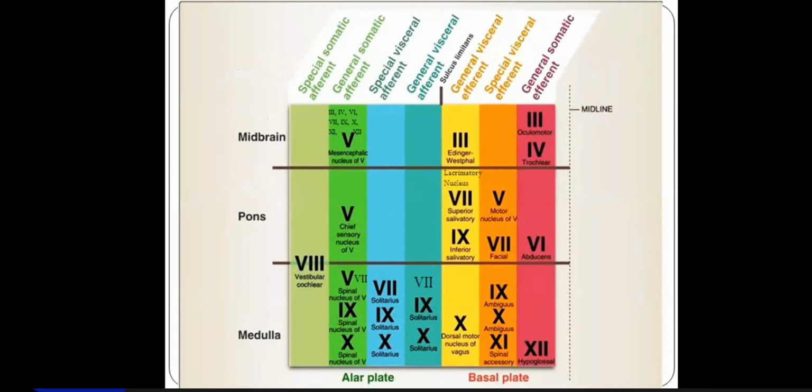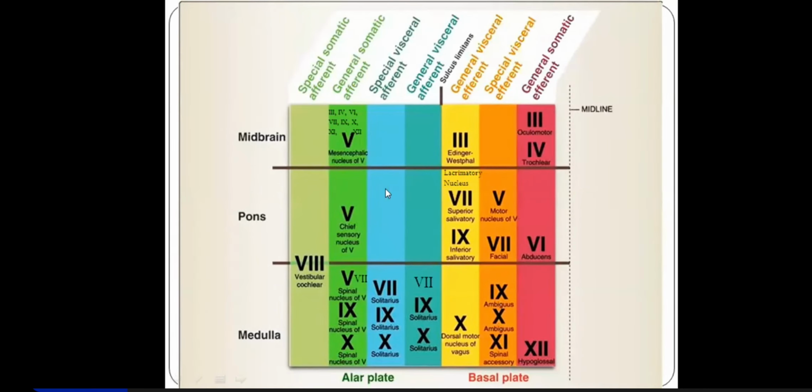Good. So here what you're seeing is the 7 functional columns. The most medial, you don't find facial nerve here. Got it? And the most lateral, you don't find facial nerve in the functional column here. This is special somatic afferent, and this one is general somatic efferent.